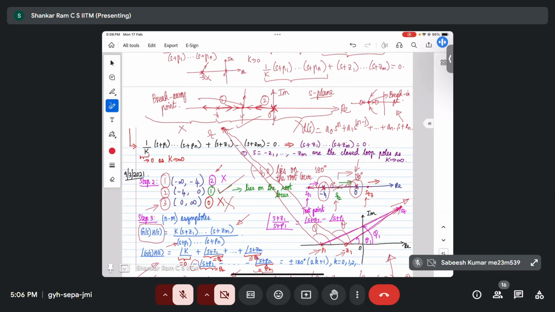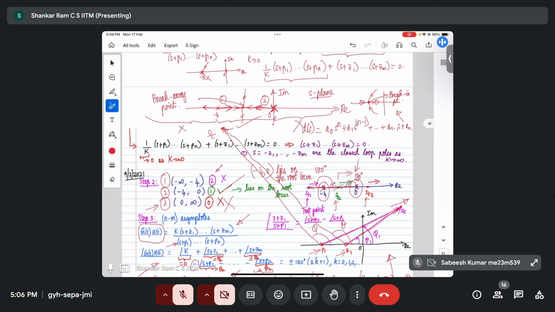Okay, so those are what are called breakaway and break-in points. Now, what is a common feature about breakaway and break-in points? Please note that these are points where two branches of the root locus intersect each other.